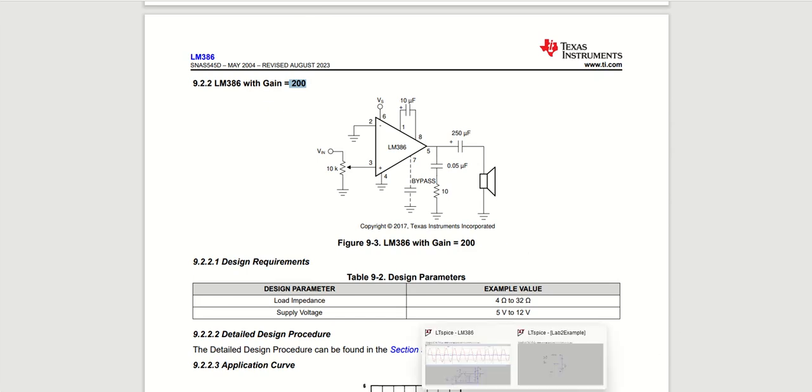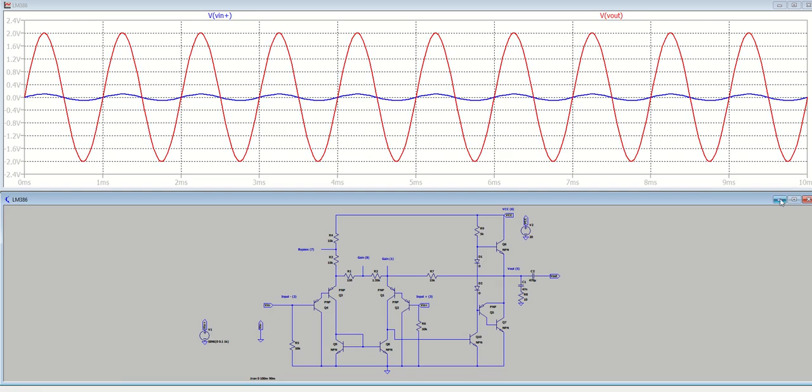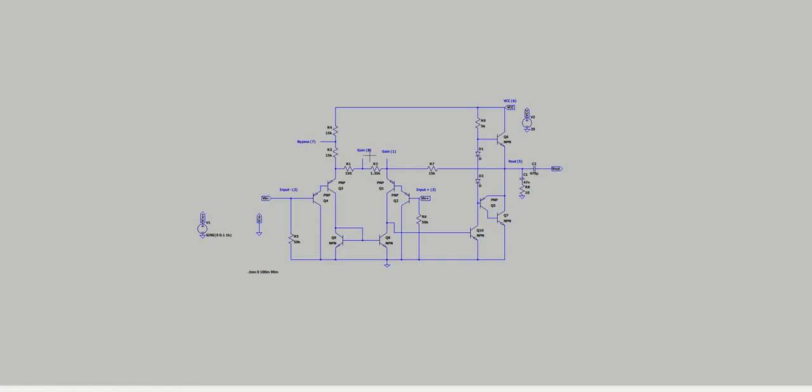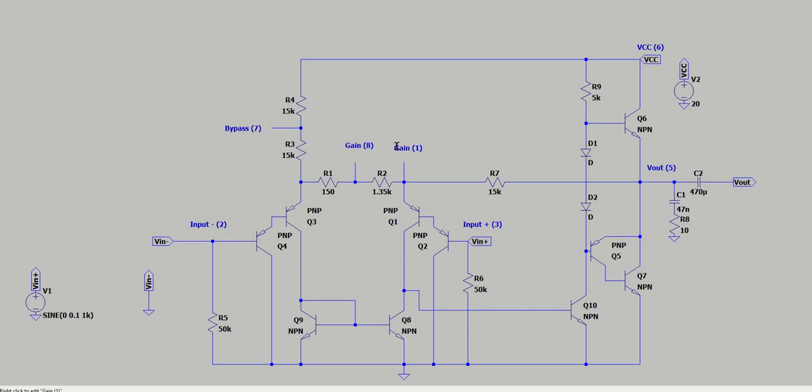So now I'm going to go into my LTspice model. I put texts to show pins 1 and 8. And so you would add a capacitor in here, which is shorting the AC signal. So to decrease the gain, we would need to add resistance to R2.